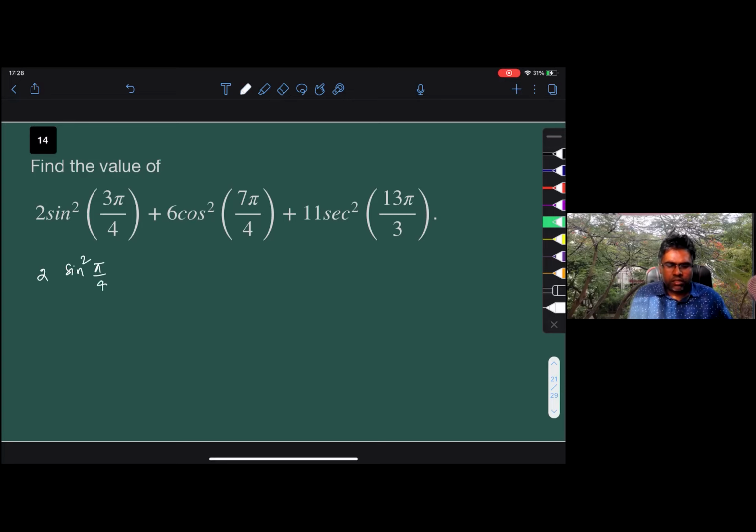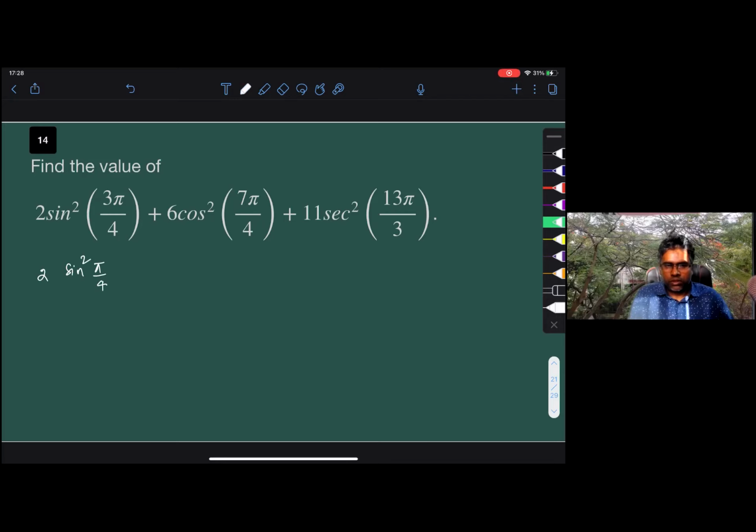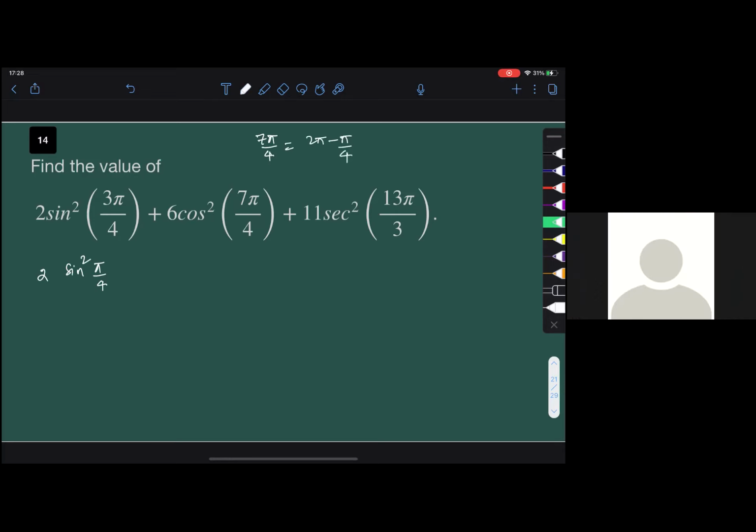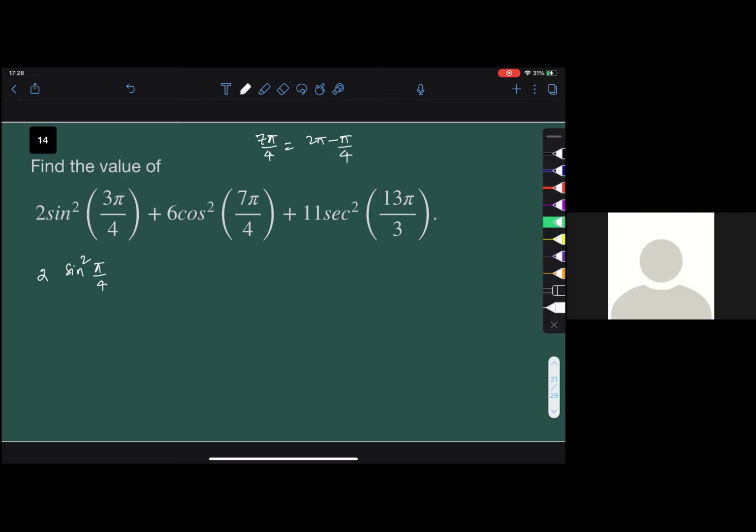And then 7 pi by 4, which quadrant will it get into? No, it isn't 135. 7 pi by 4, you can write it as 2 pi minus pi by 4.